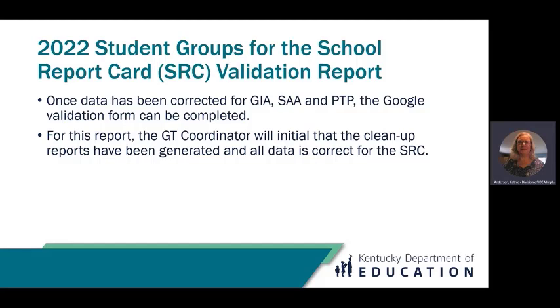Again, this is a Google form and the link is posted on the GT Coordinator One Stop. You will need permissions to access the GT Coordinator One Stop, but according to records, all of the GT coordinators in our state should have permissions for this one-stop site. But if there is an issue, please contact me.